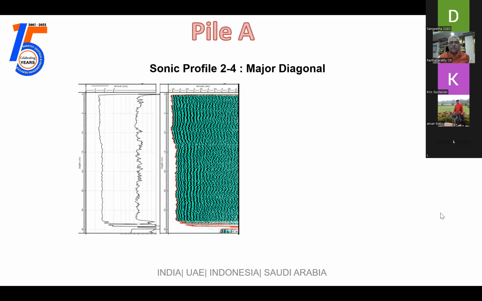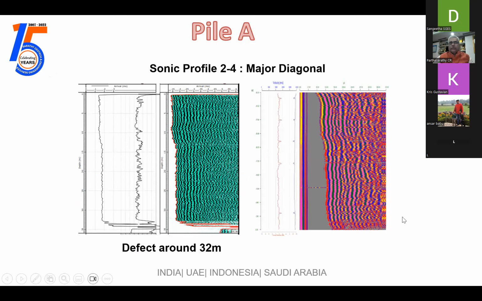Okay, so this is a CSL scan in the major diagonal. All of you are very familiar now. There's a complete loss of signal toward the toe, but there was no mention of any of these defects in the CSL test by the other agencies. The retesting clearly shows that there is a major defect.